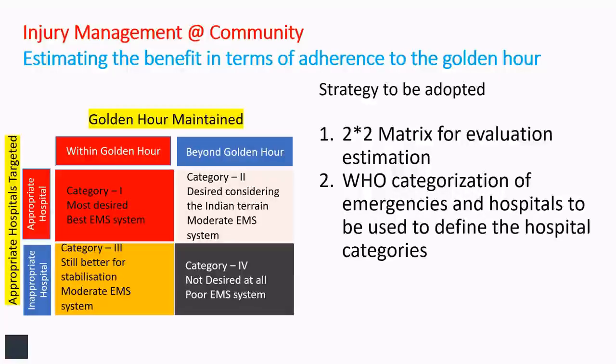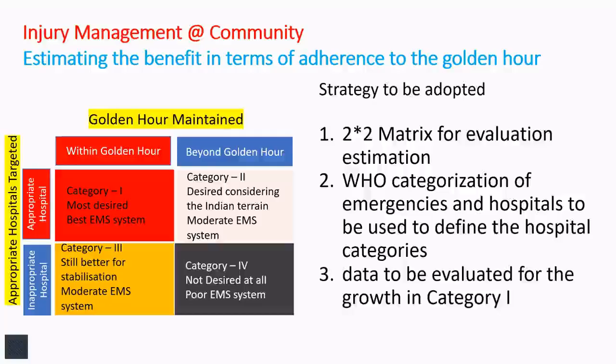WHO has given a very structured approach to categorizing emergencies, like level 1, 2, 3, 4, and also for categorizing healthcare organizations, including hospitals, level 1, level 2, and level 3. Based on that, we can tally which kind of emergencies or injury cases can go to which level of hospitals.